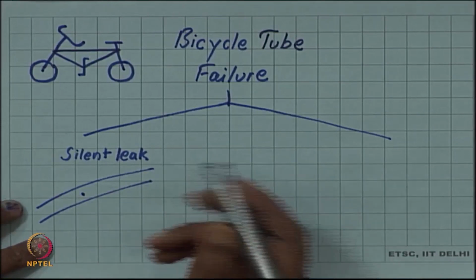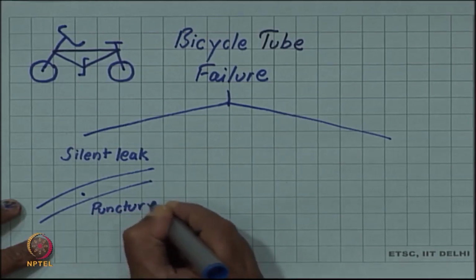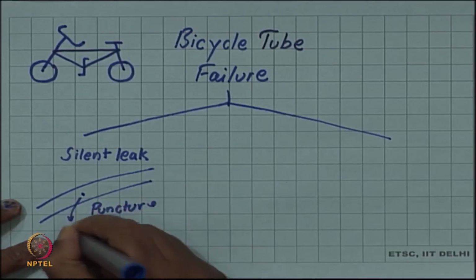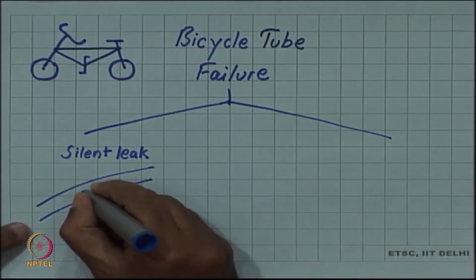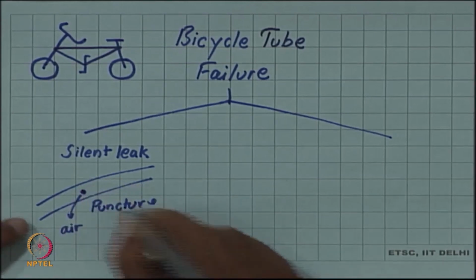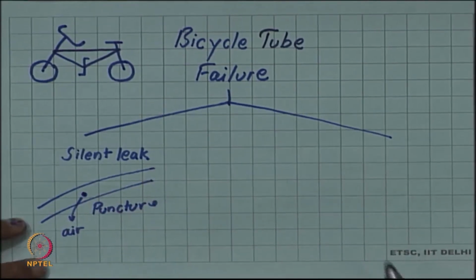So, we call this a puncture. Air comes out of the tube gradually. So, it is a slow process, and the hole or the puncture does not increase in size, it remains stable.